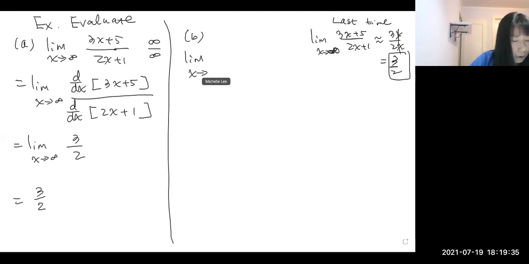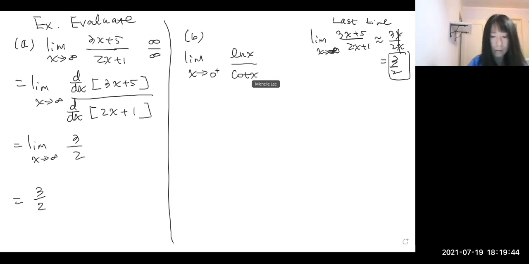Limit as x approaches 0 from the right of ln x over cotangent x. Okay, if you're not familiar with the graph, you can use decimals, right?